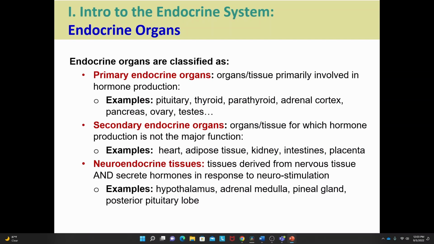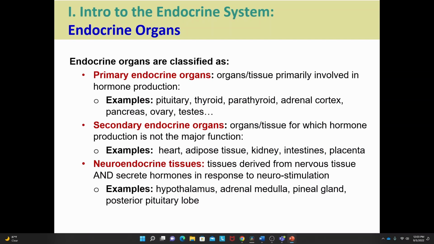So it does produce a hormone, ANH in this case, but that's not the primary duty of the heart. Same thing with the intestine, the kidneys, fat tissue, and the placenta. They produce a hormone or hormones, but that's not the main thing they're known for. They're known for doing something else that's a bigger function.